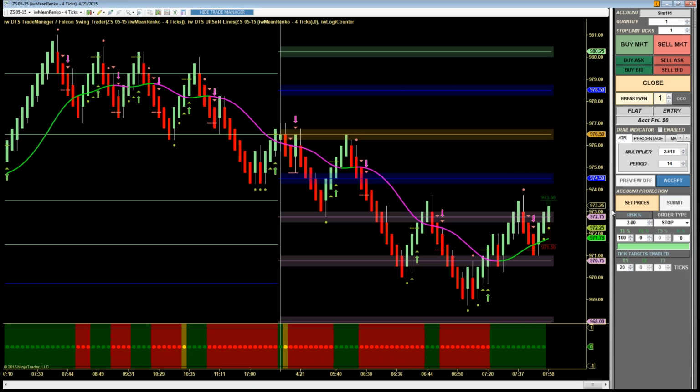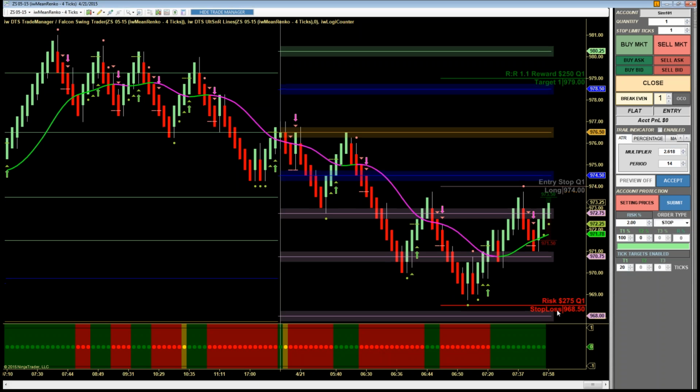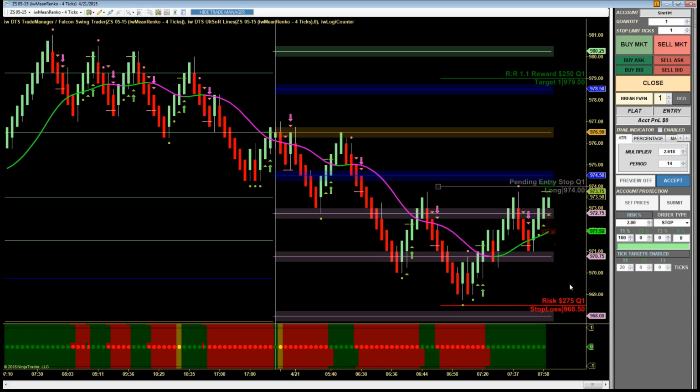They're going to print the signal here near the high. So for the sake of a couple of ticks, I would enter above there. I would cover down there. All right, so there's the signal.